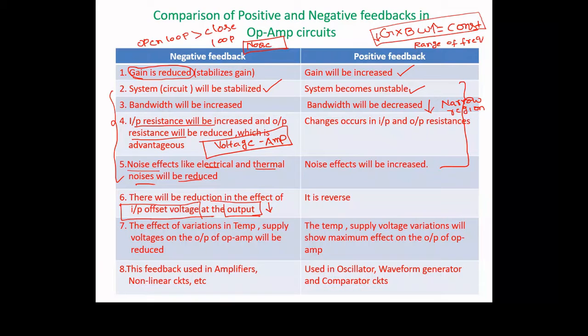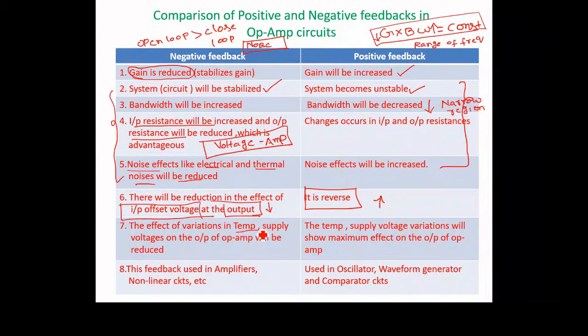Input offset voltage is the unnecessary voltage, and as the gain of the op amp is very high, it also gets amplified. Because the gain is reduced, the effect of the input offset voltage at the output gets decreased. Whereas in positive feedback, the effect of input offset voltage at the output will get increased.